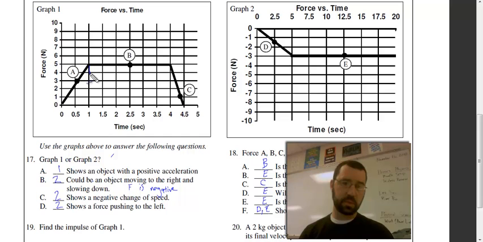So how we do that is we basically say, let me use this feature here. We're going to find the area of this rectangle, and then we need to find the area of this triangle.